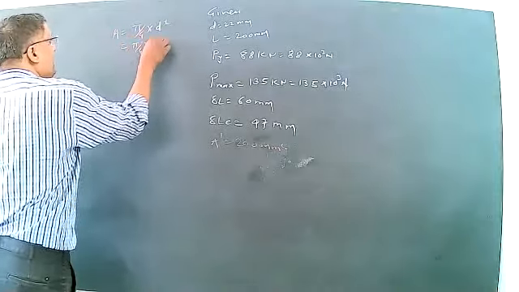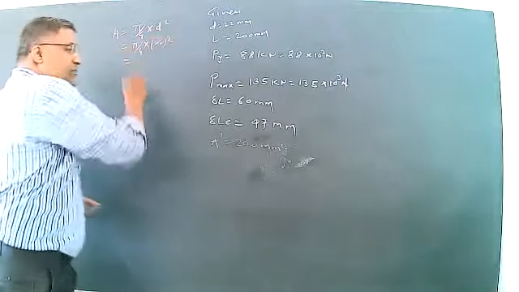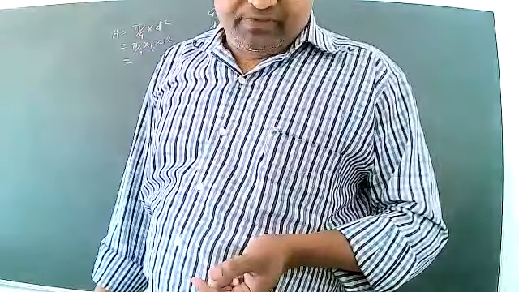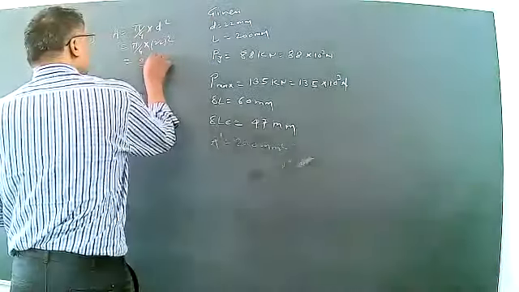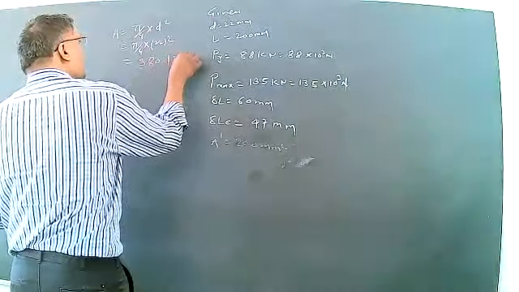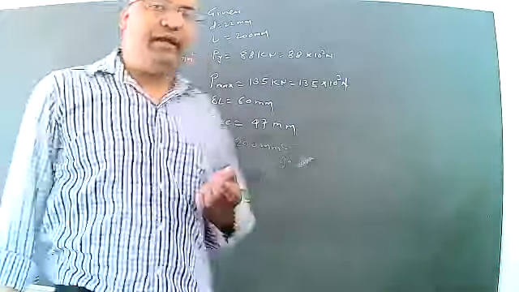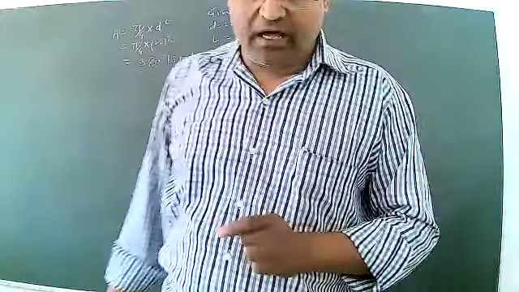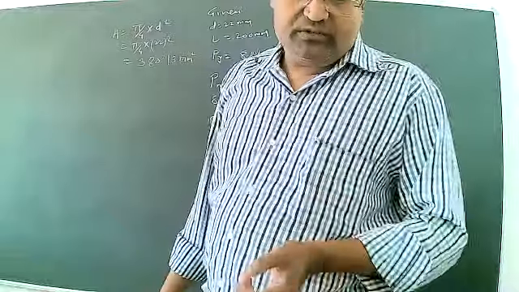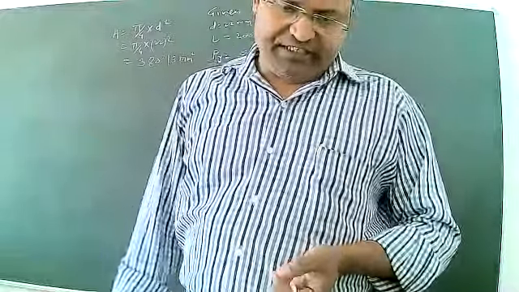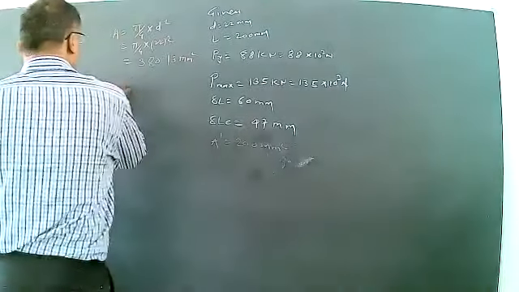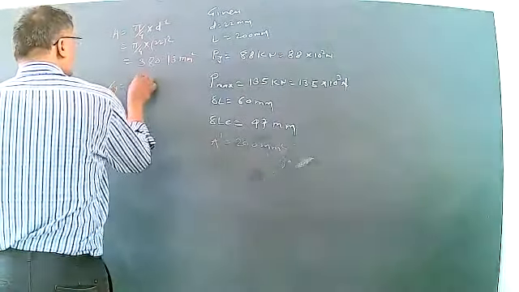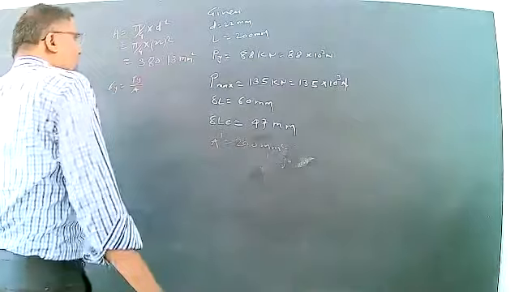First we calculate area, pi by 4 into d square. D is already given, 22 mm. Finally we calculate area, 380.13 mm square. Once we find the area of the steel bar, then find the yield stress.